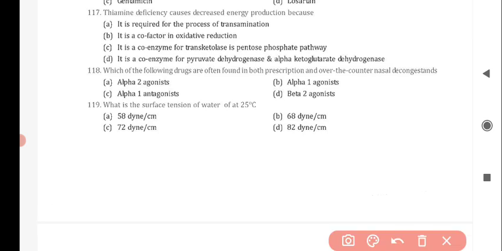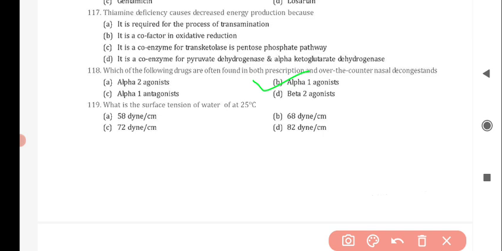Next question is, which of the following drugs are often found in both prescription and over-the-counter nasal decongestants? And the correct answer is option number B, that is alpha 1 agonist. Next question is, what is the surface tension of water at 25 degrees Celsius?